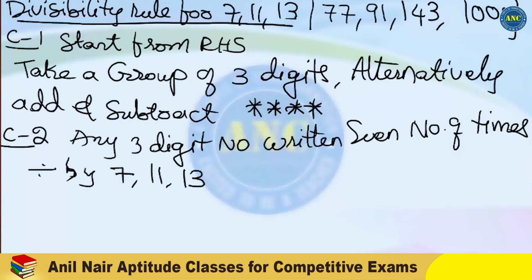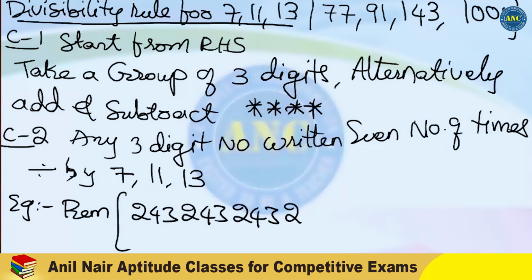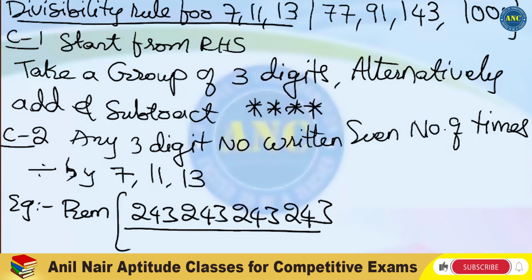If you write any 3-digit number even number of times, it will always be divisible by 7, 11, 13. With an example, suppose I write 243, 243, 243, 243 divided by 13.